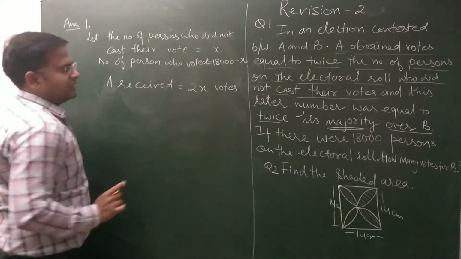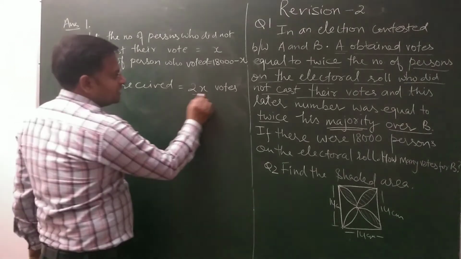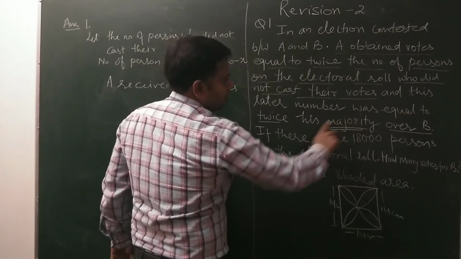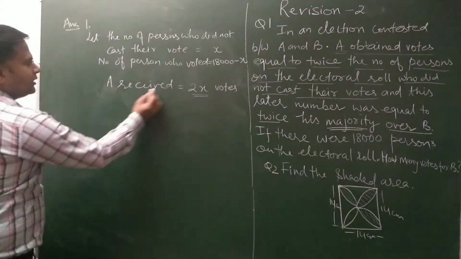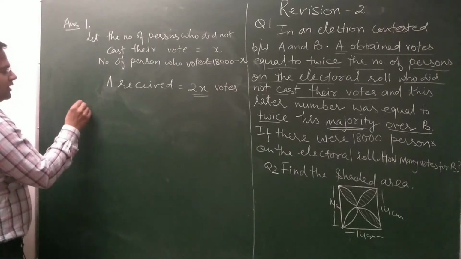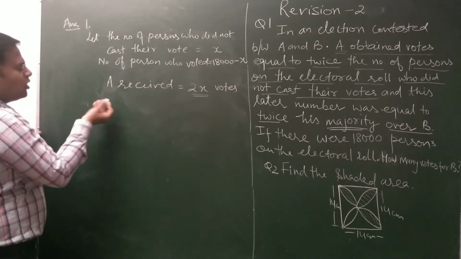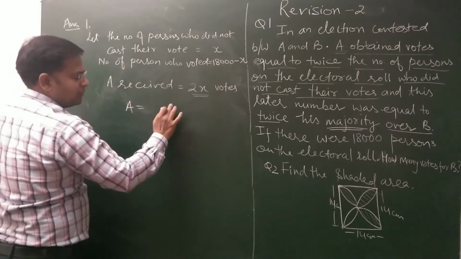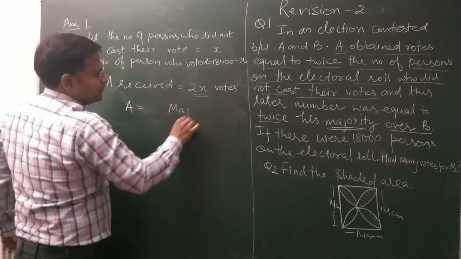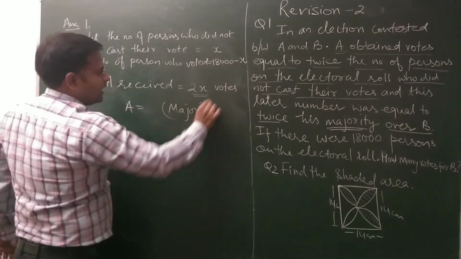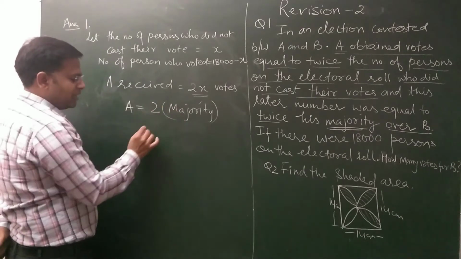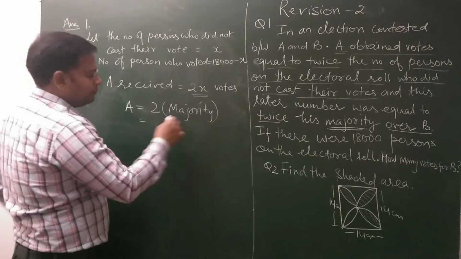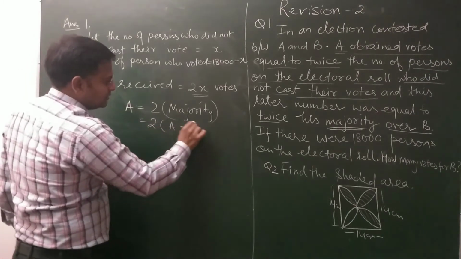Now the next condition is that this number is twice the majority of A over B. So whatever number of votes A received, this is twice the majority. Majority means how many votes A has received that is more than B. So this means A minus B.